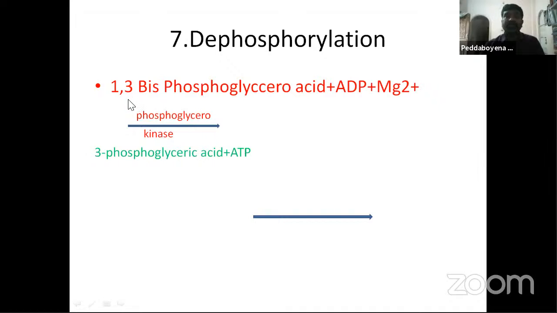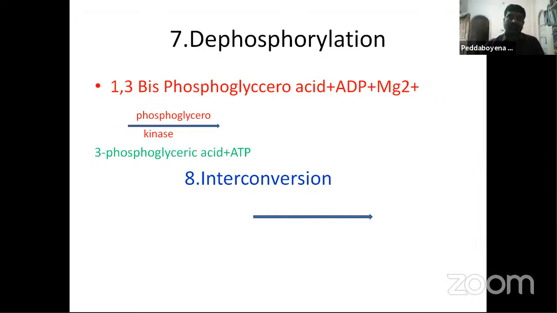The phosphate comes from 1,3-bisphosphoglyceric acid and is added to the ADP, and here ATP is formed. So this process is called dephosphorylation, also known as substrate level phosphorylation.